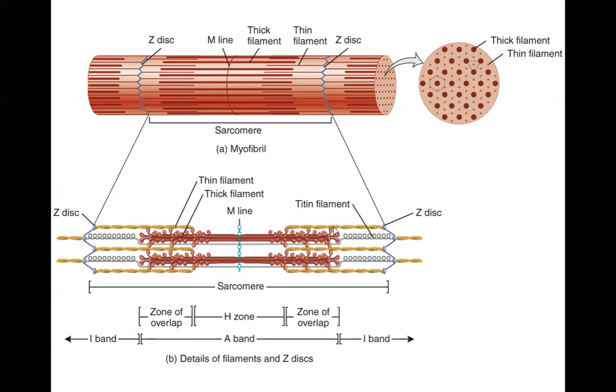The thin filaments don't change their length. What happens is the amount of overlap changes. Literally, the theory to describe a muscle contraction is called the sliding filament theory, because the filaments slide over one another, ultimately shortening the sarcomere, which ultimately shortens the entire muscle.